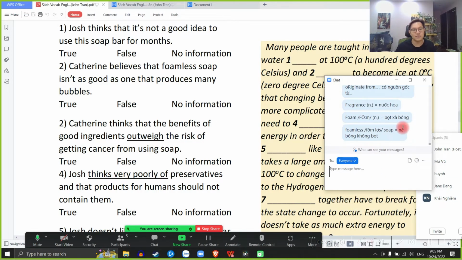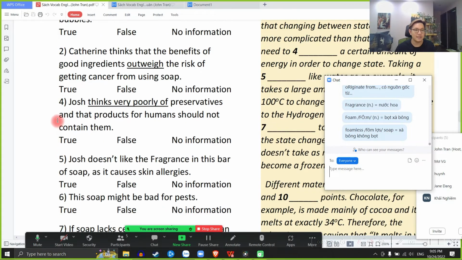Okay, so foamless soap, xà bông không bọt này. Catherine believes that foamless soap isn't as good as one that produces many bubbles. Catherine là tin rằng xà bông không bọt không có tốt như cái mà nó tạo ra nhiều bọt. This should be number 3, yeah? Số 3 này. Catherine thinks that the benefits of good ingredients outweigh the risk of getting cancer from using soap.